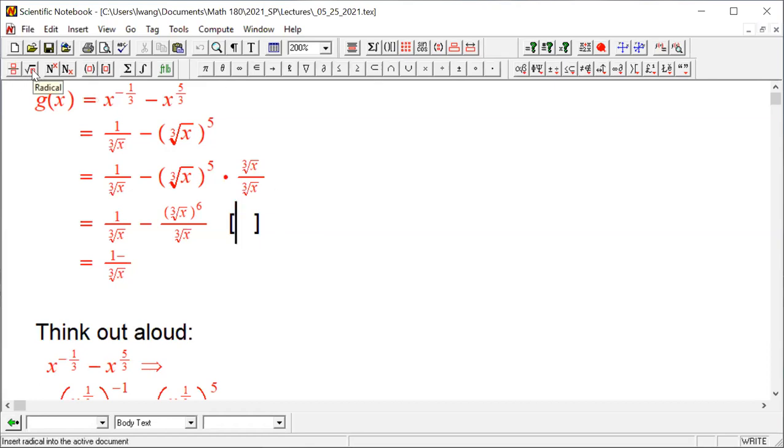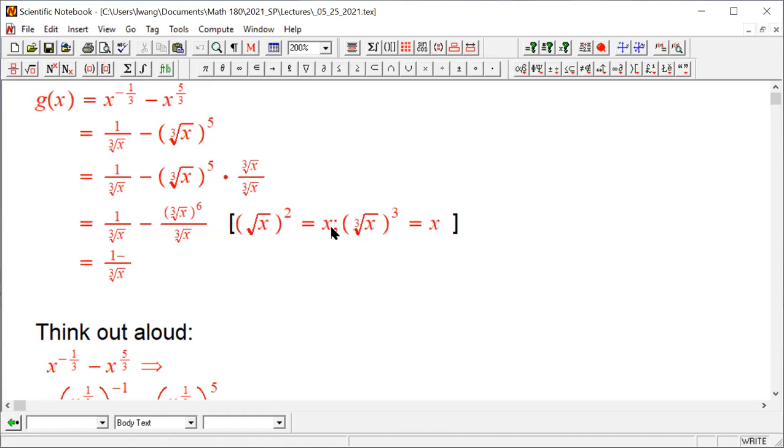For example, we know that square root of x, parentheses, squared equals what? Equals x. How about the cubic root of x raised to the power of 3? What does that equal to? It equals x.